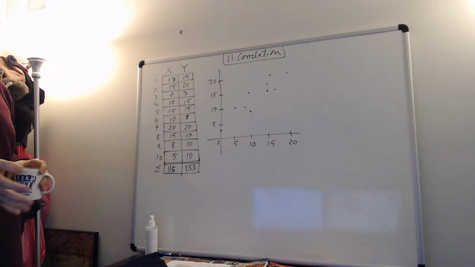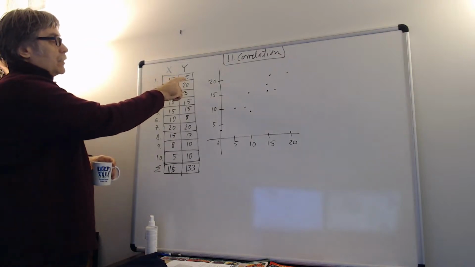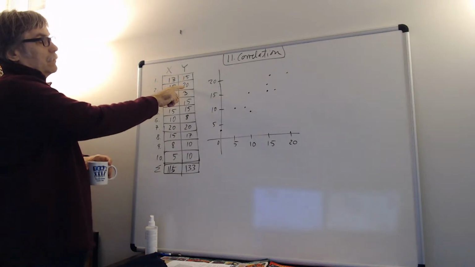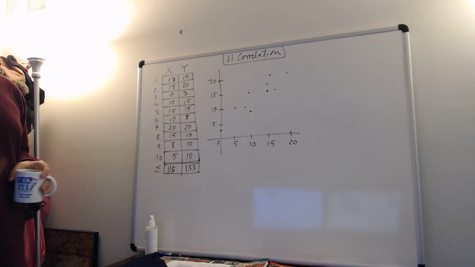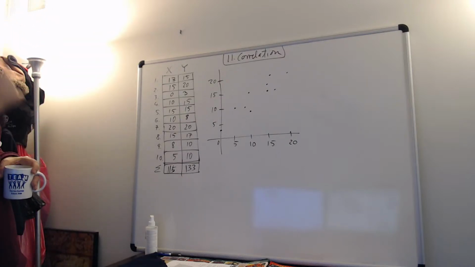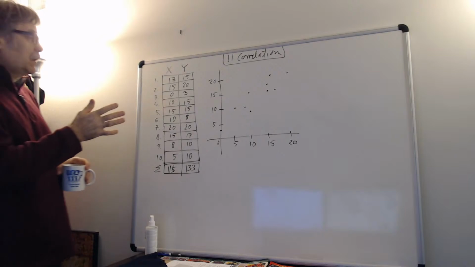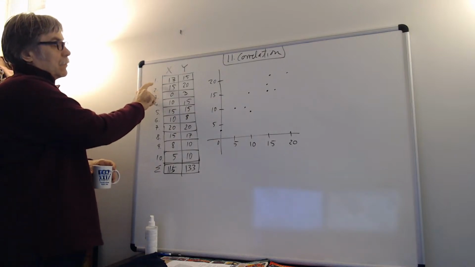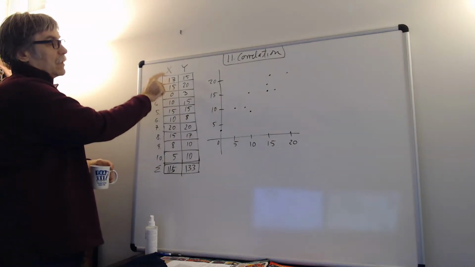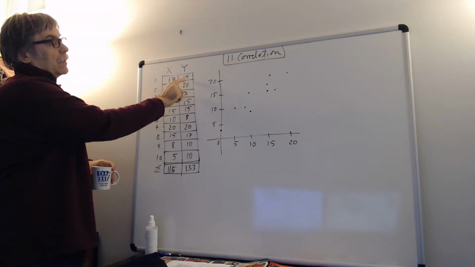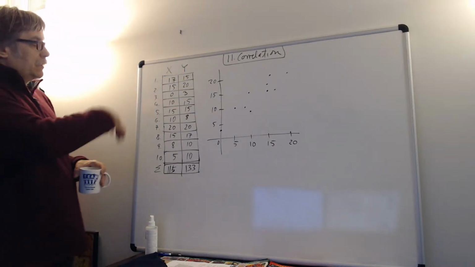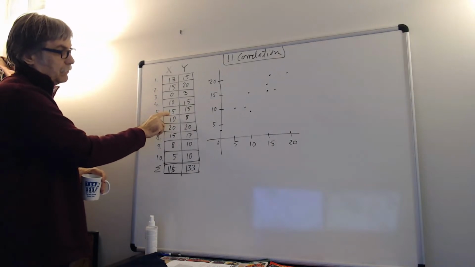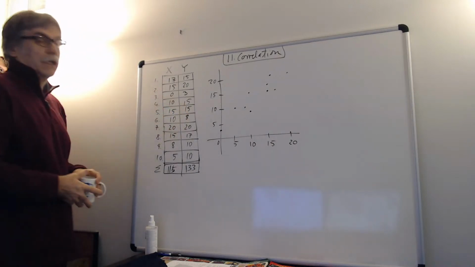So that's a second sample. In this, the first student scored 15, the second 20, the third one 3, and on you go again. The quiz was between 0 and 20. You can see the same student scoring 17 on the first quiz, that's an X, and 15 on the second quiz, that's a Y. The same student number 5 scored 15 on the first quiz, 15 on the second quiz.